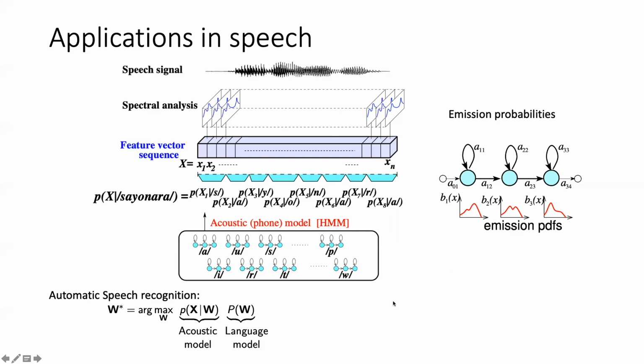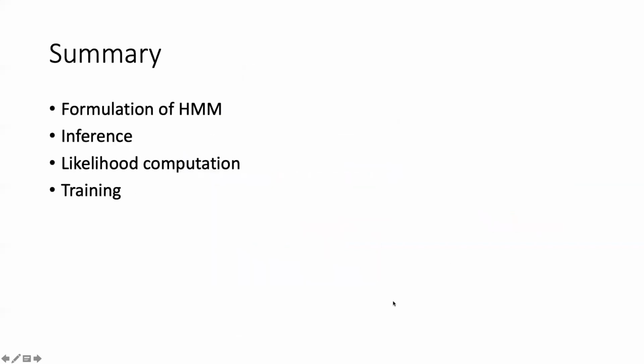That's about speech applications. Let's recap what we discussed so far. First, we considered a simple example of the POS problem, and we formulated it as a sequence learning problem and modeled it using HMM. And then we discussed the problems involved in HMM, the inference problem. In the inference problem, we defined delta parameters, and using dynamic programming, which is also known as the Viterbi algorithm, we performed inference efficiently.